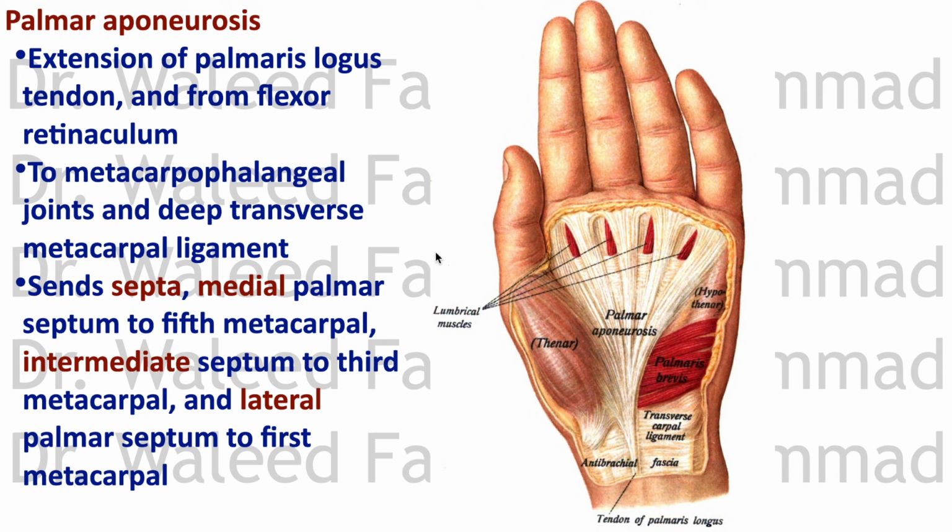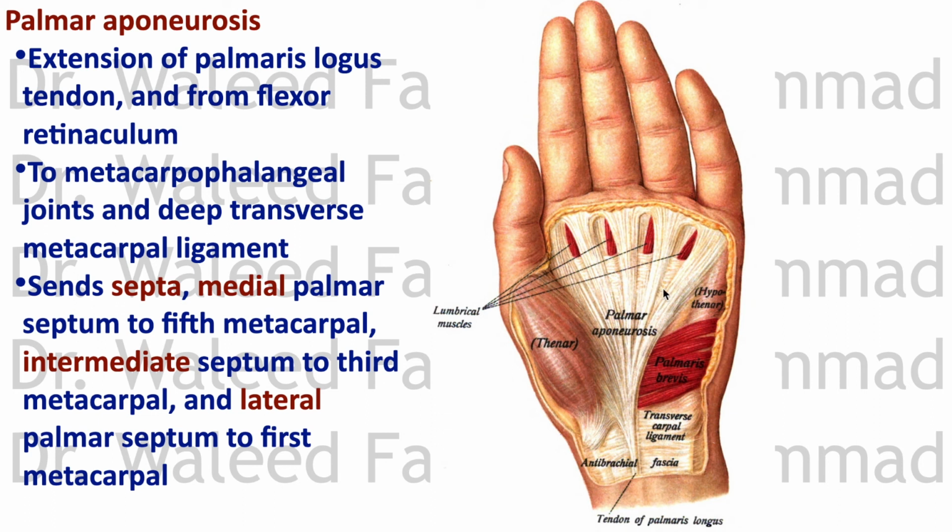Now, the palmar aponeurosis, the one you see here, is an extension of the palmaris longus tendon. The plantaris in the lower limb is interrupted to the heel, but here the palmaris longus is continuous as the palmar aponeurosis. It tenses the palmar aponeurosis.